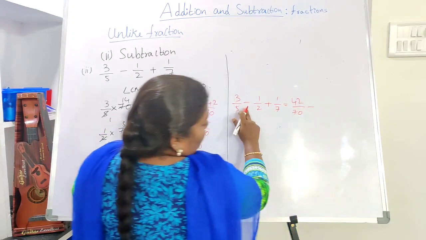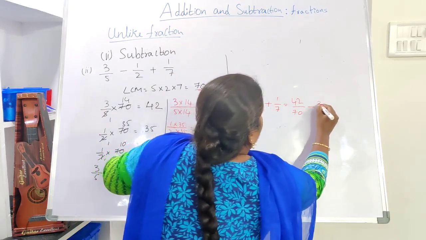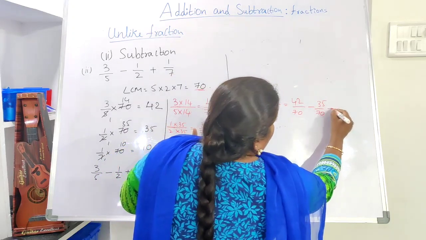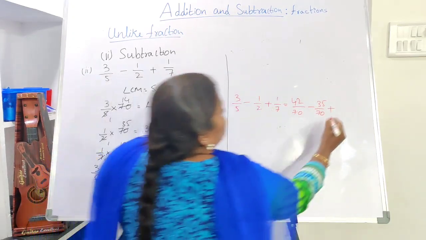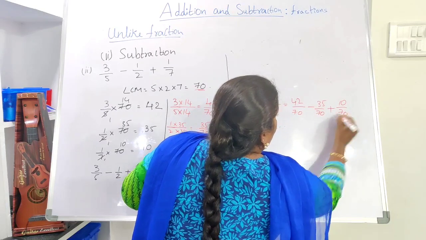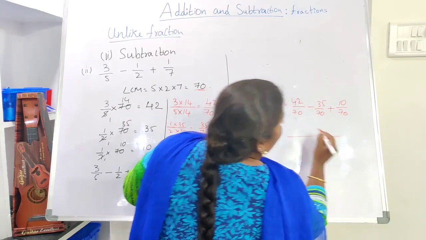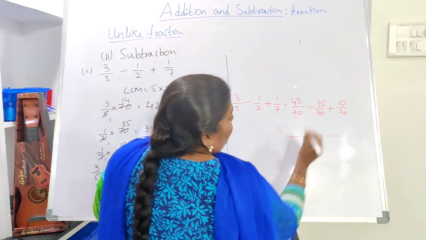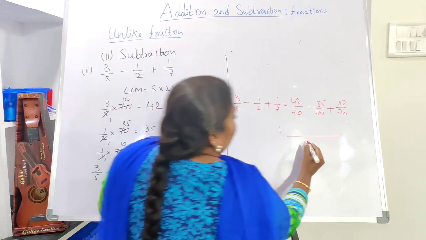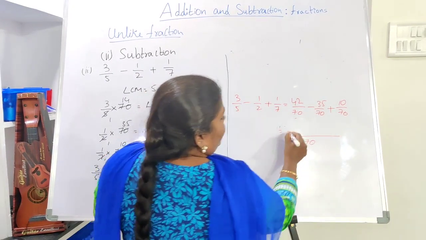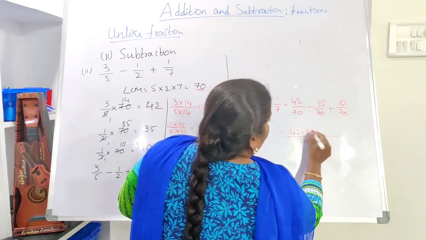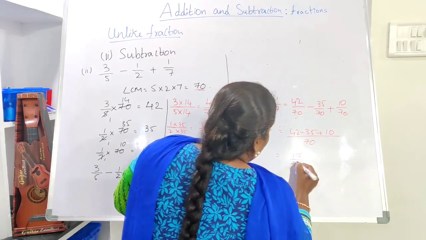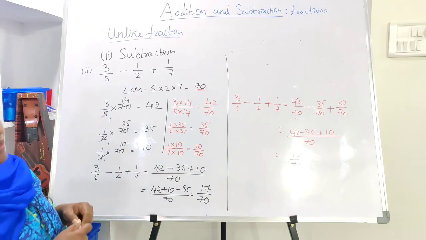Now the operation is subtraction. 35 by 70, operation here used as addition, and next one is 10 by 70. Now you can see that all the fractions have the same denominator. These are like fractions. So in case of like fractions, you can directly take the denominator as 70. 42 minus 35 plus 10. So it is nothing but again 17 by 70, which is equal to the earlier one.